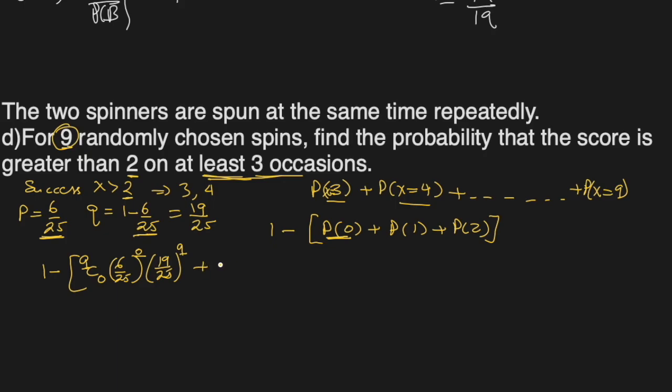That's the probability that success is 0. Then next will be 9C1. Success is 1. Failures, you guessed it right, 8. 1 plus 8, 9. And then we'll have 9C2. Successes 2. Failures 7.